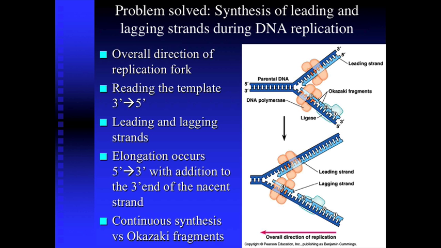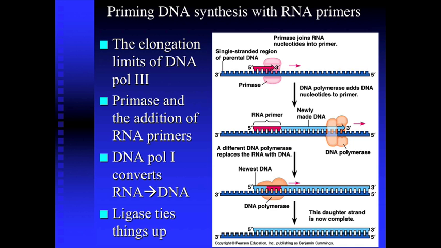But it requires a number of other enzymes. So let's take a look at what's required here. First off, to open up the double helix, we need what's called helicase. Helicase is an enzyme in both prokaryotic and eukaryotic cells that opens up.